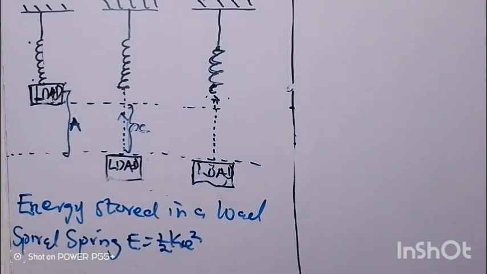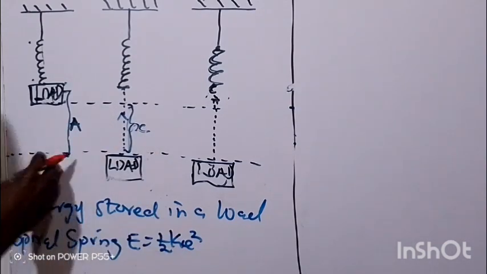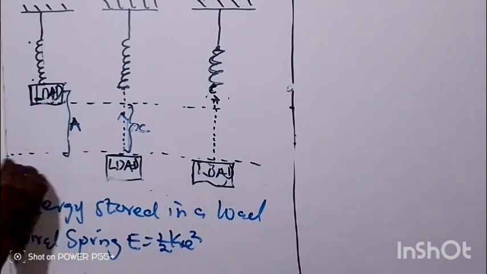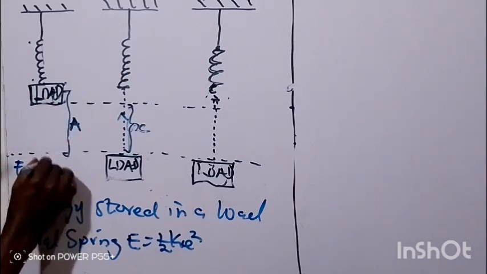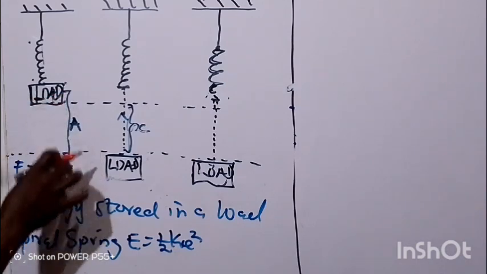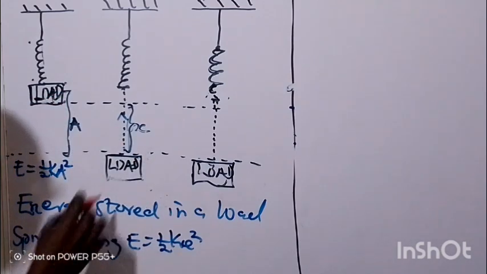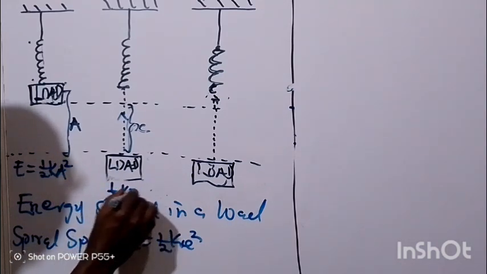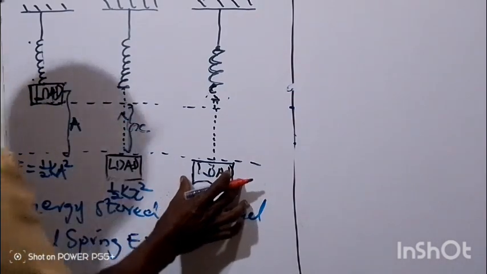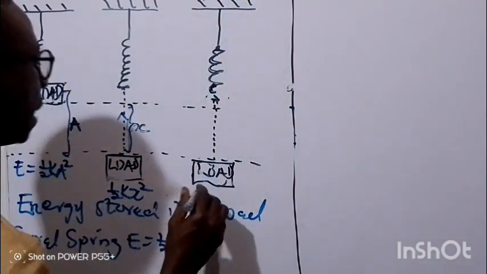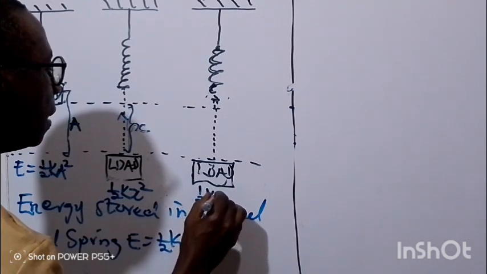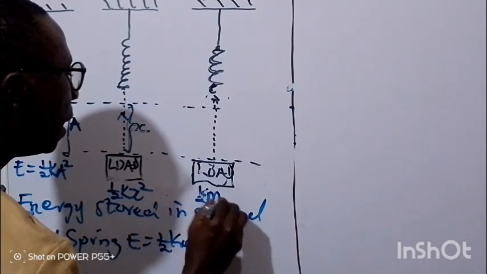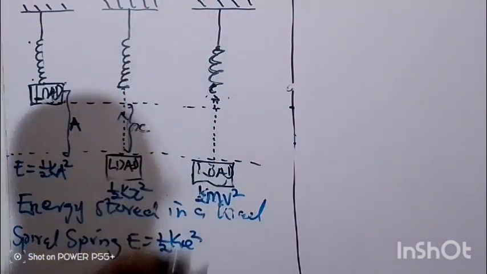That is from Hooke's law. But as I said the other time, we want to apply the amplitude and displacement instead of e. Then for this side, the energy here will be equal to half Ka squared. And the energy here will be half Ks squared. And at this particular point, when it is moving up and down, the energy here will be half mv squared. That's the kinetic energy of moving it up and down.